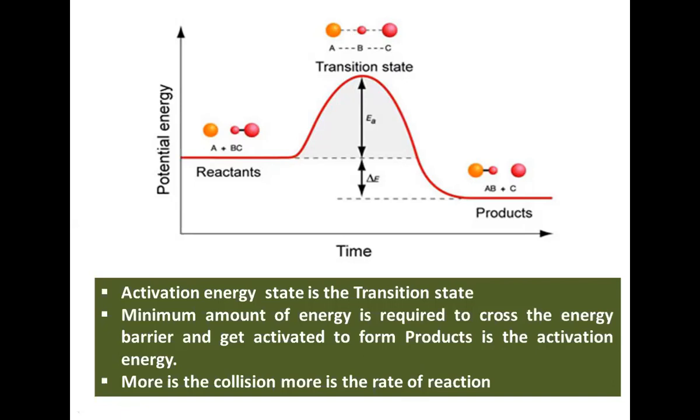So then the enzyme substrate complex gets activated and forms a product with the activation energy. So this is the activation energy, right? Here we can see EA. This part is the activation energy, where the minimum amount of energy is required to cross the energy barrier and get activated to form products.